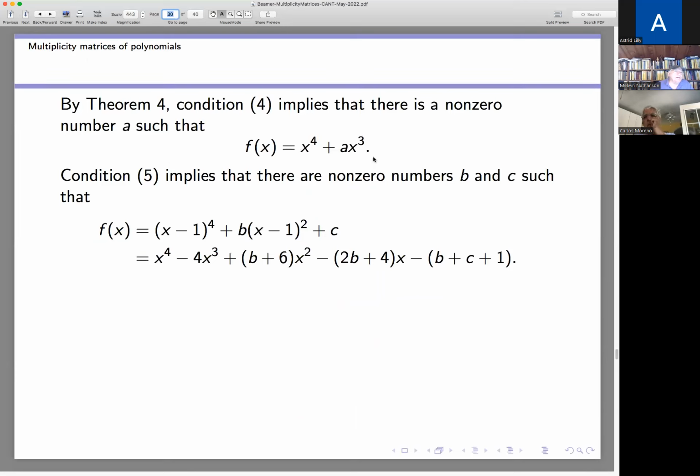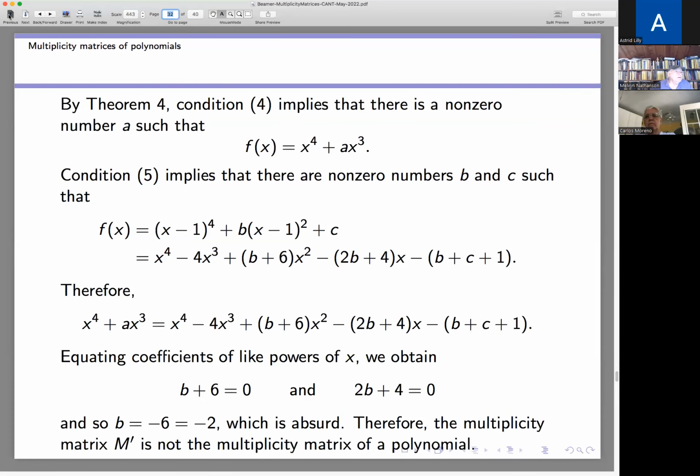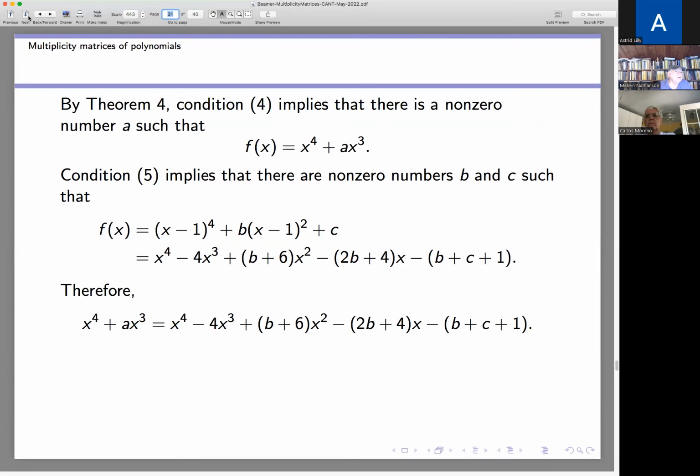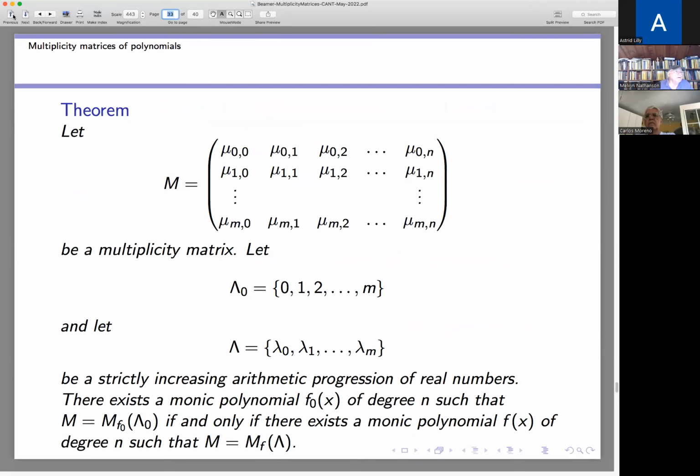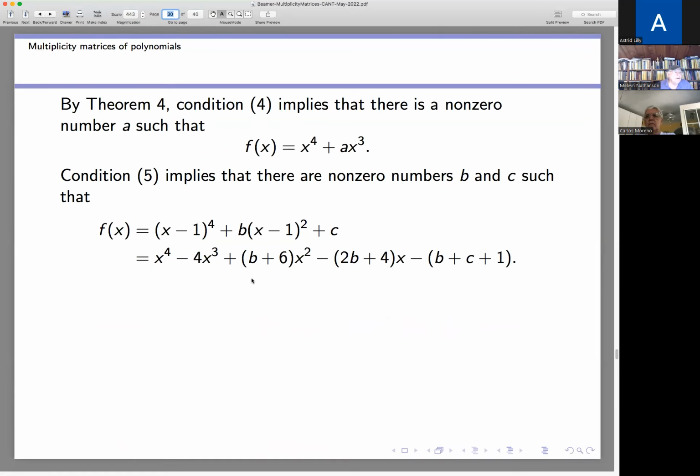It has to look like this. And if your quartic has a multiplicity vector like this at lambda equal 1, then the polynomial has to look like this, which you expand.